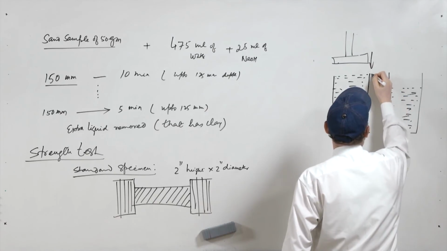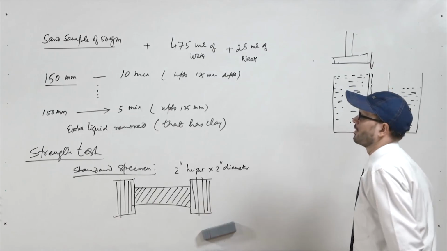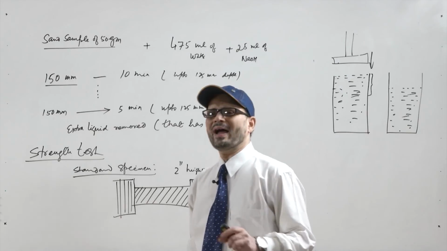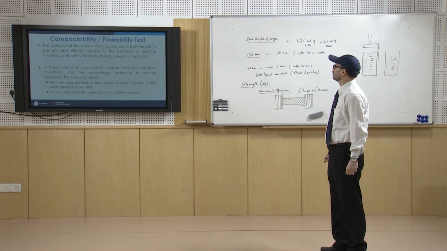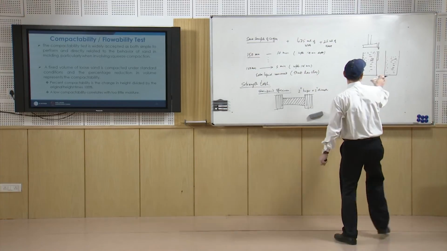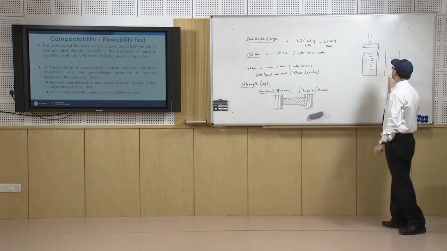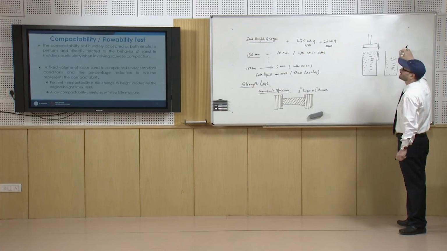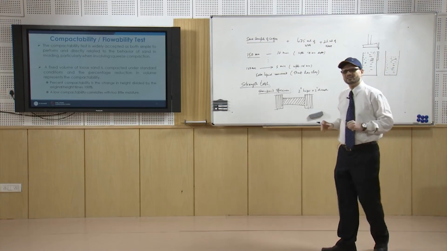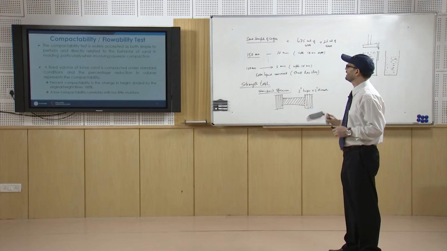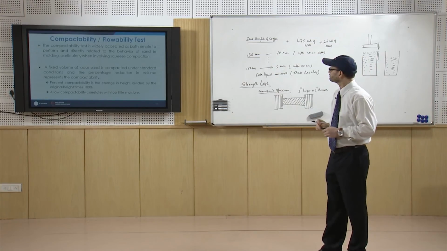So, whatever is the reduction, depending upon that you find the compactability. So, percentage reduction in volume. Basically this cross sectional area is the same, so the percentage reduction in the height is indicative of the compactability. So, this is how you find the compactability.